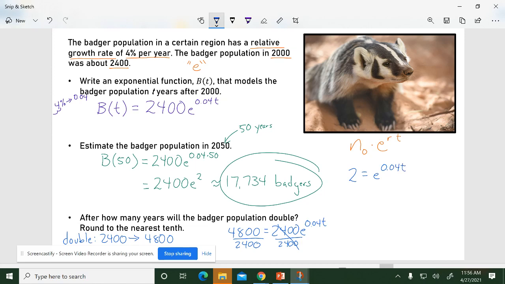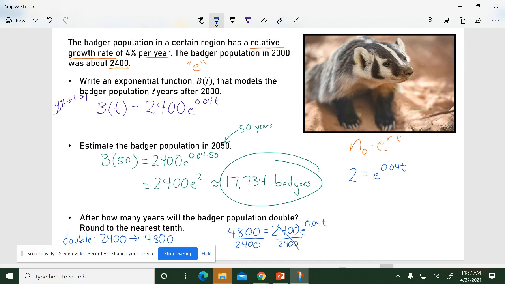So like the last situation, like the rabbit situation, we have a variable that's stuck in an exponent, and we want to figure out what it is. And the only way to do that is with logarithms. But here, instead of just doing log of both sides, because we have an e, we're going to use the natural log. And you'll see why in a second.